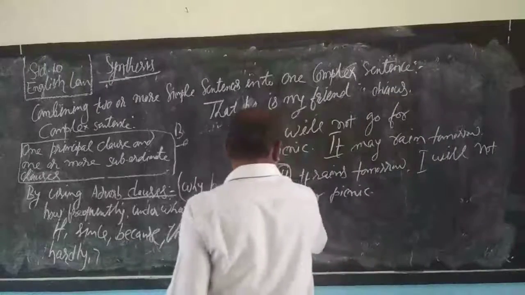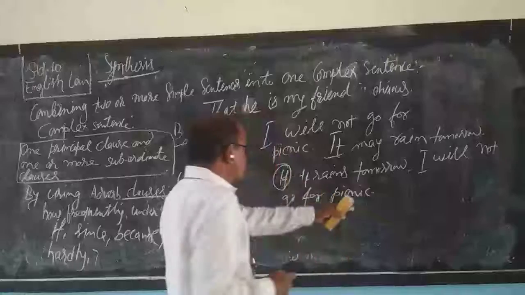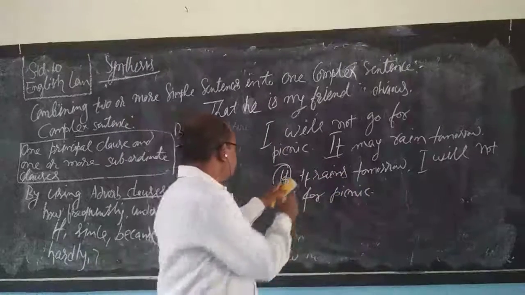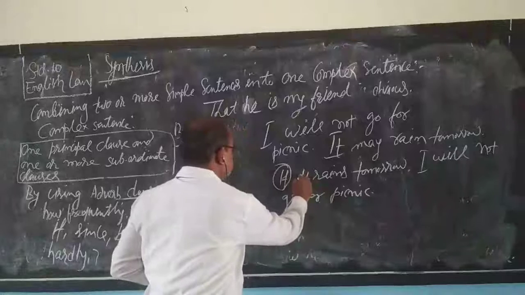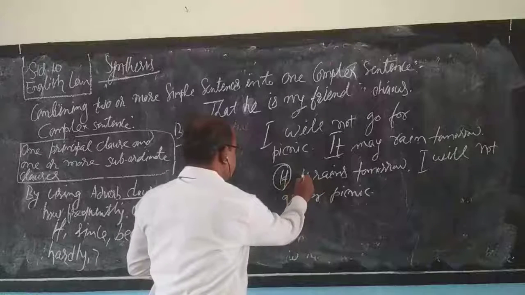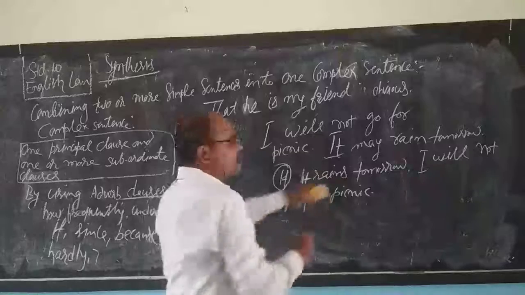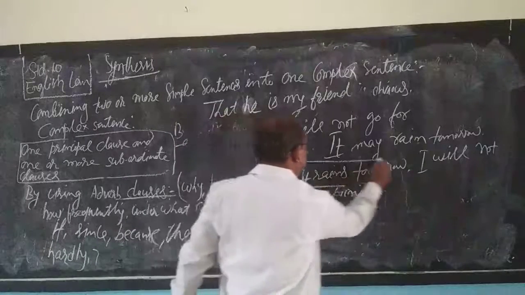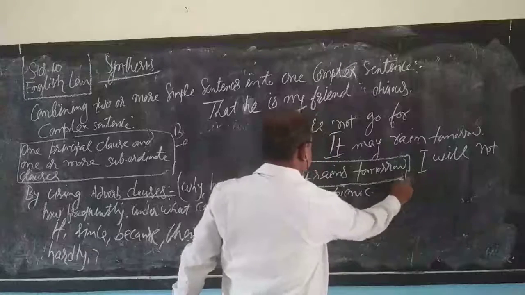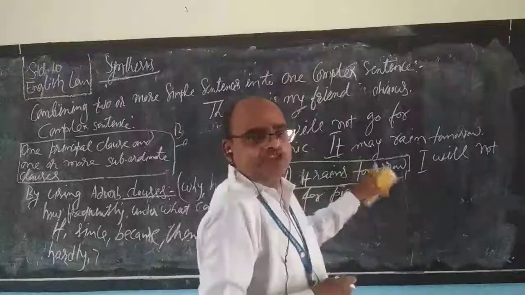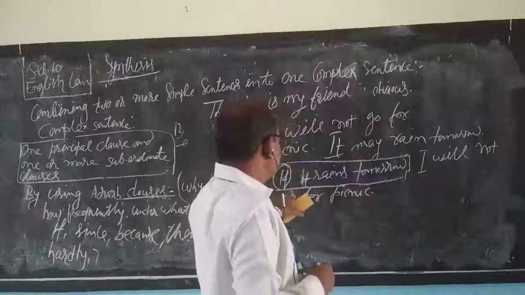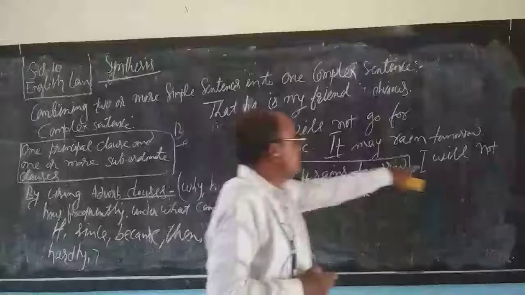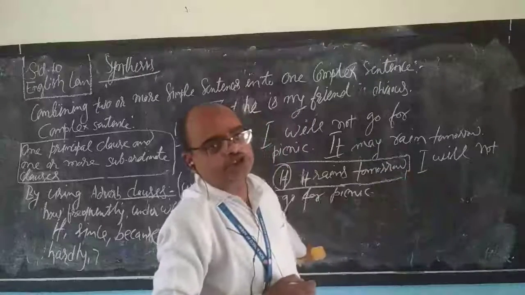If you ask, under what condition will you not go? I will not go if it rains. So if it rains is an adverb clause. And this is a complex sentence as well, because here this is the subordinate clause and here it is the principal clause, joined together.